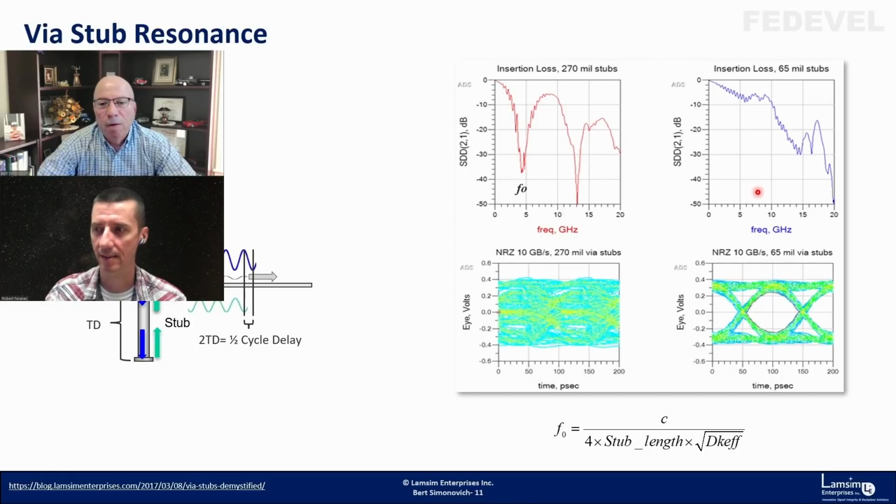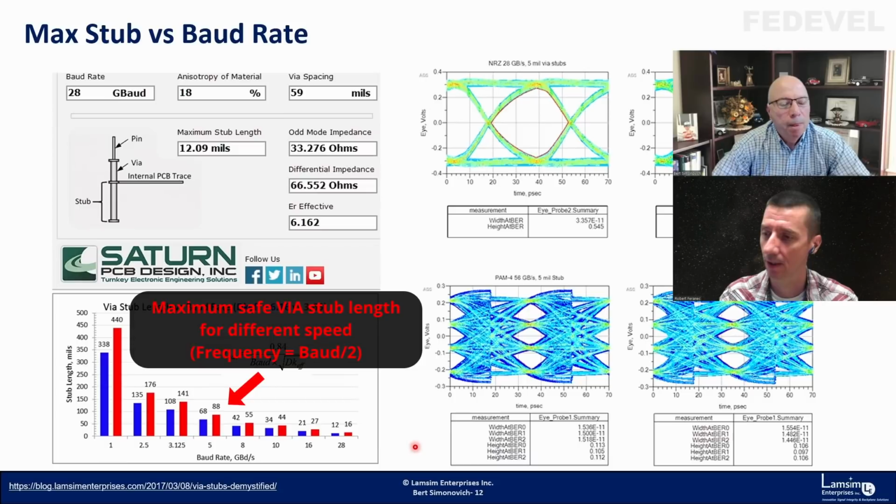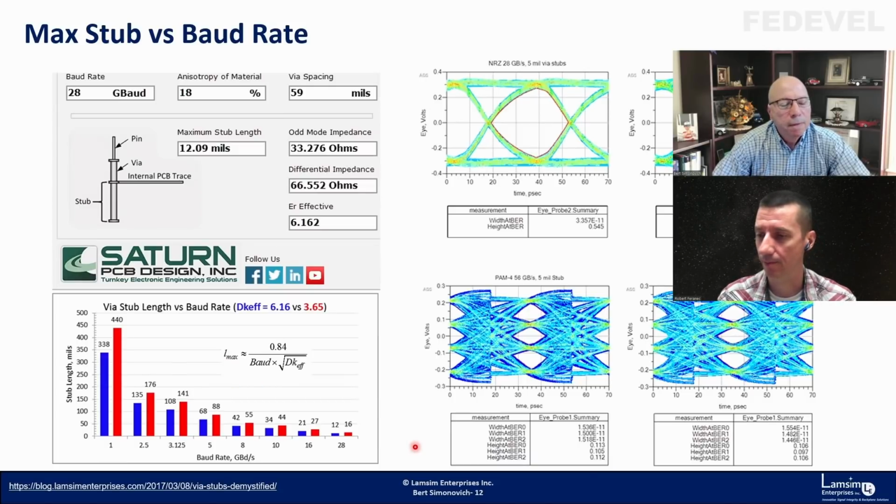So let's move to the next slide. This is a very nice graph, because it shows that for standard PCB thickness, like 63 mils or 1.6 millimeters, we don't really need to worry about back drilling up to like 2.5 gigahertz or 5 gigabaud.